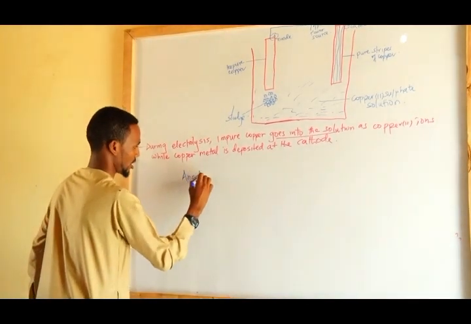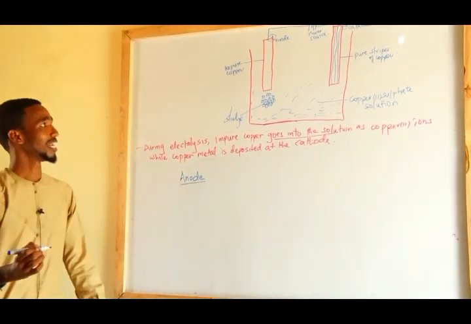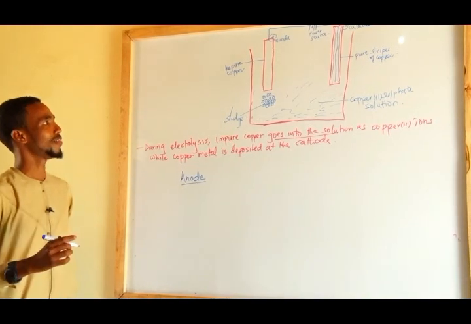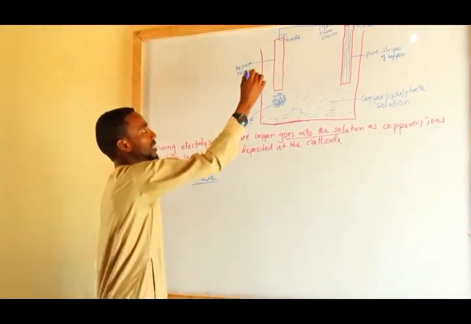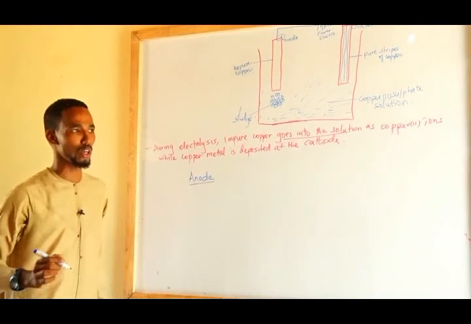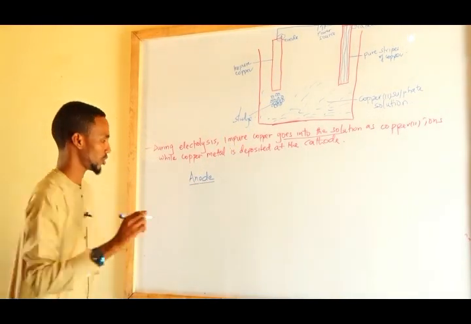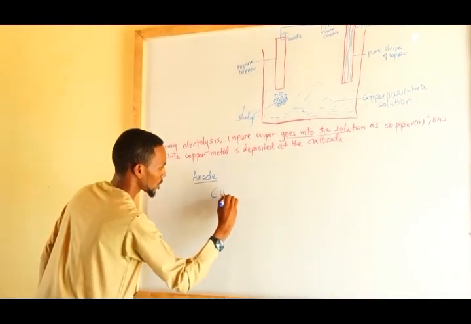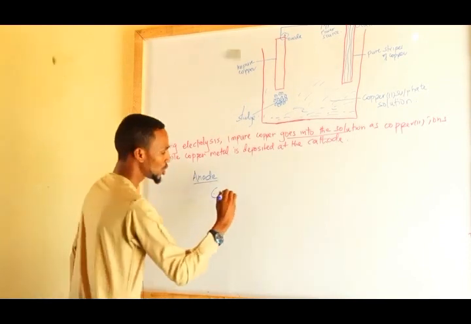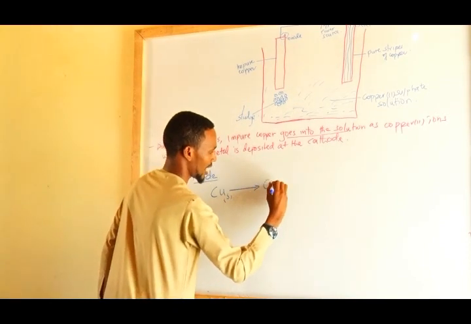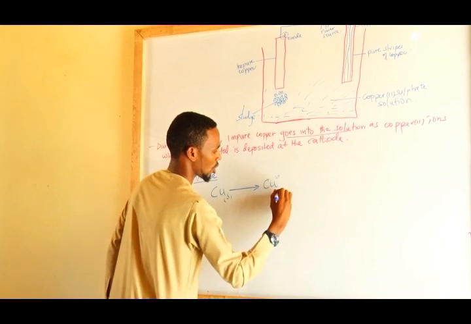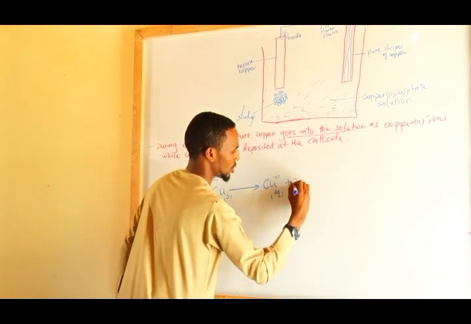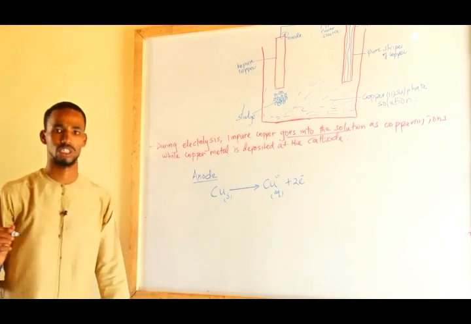At the anode, the impure copper, which is the anode, goes into the solution and it loses 2 electrons. So copper, which was impure solid, loses 2 electrons and forms copper ions, and then 2 electrons are lost.